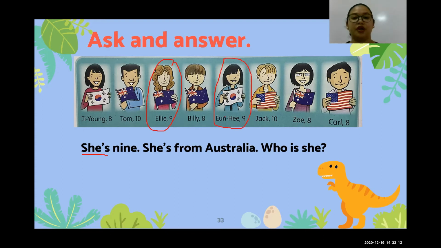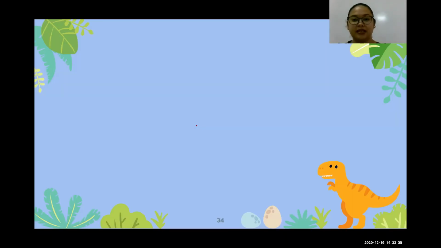So we have two girls that are 9 years old. She's from Australia. Now, who's from Australia? Is it Yoonhee or Ellie? Who is she? The answer is, it's Ellie. Yes.